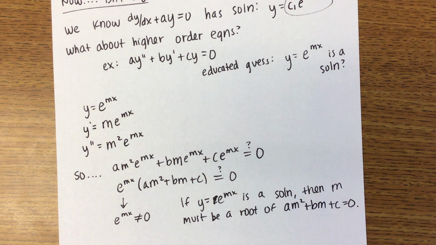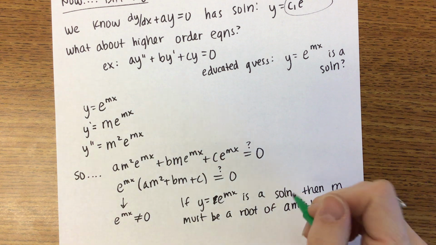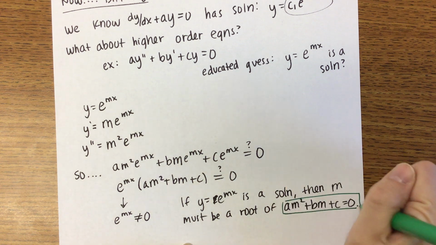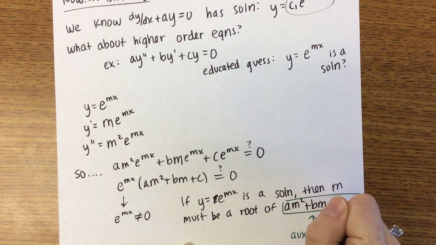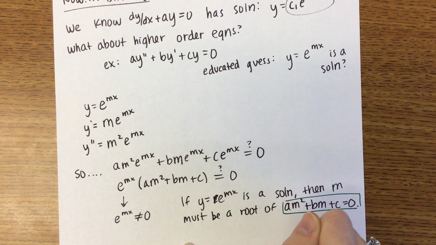So in order for e to the mx to be a solution, we have to be able to find a solution to this equation. Okay, this is a very important equation. This is called the auxiliary or characteristic equation.